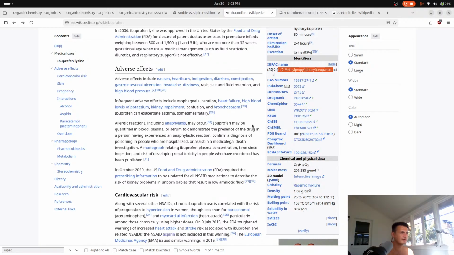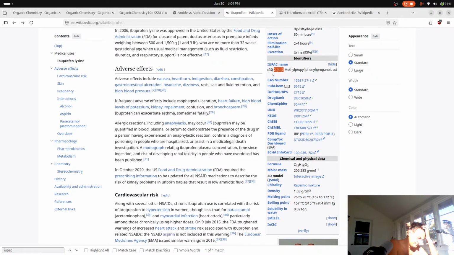So ibuprofen is, but what is up with the 2 here? Oh, because that's indicating the position on the propanoic acid. Oh, that's freaky, actually. That's weird.